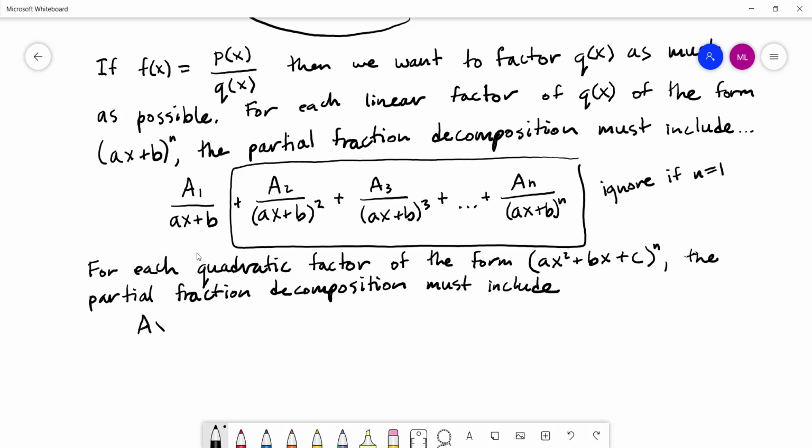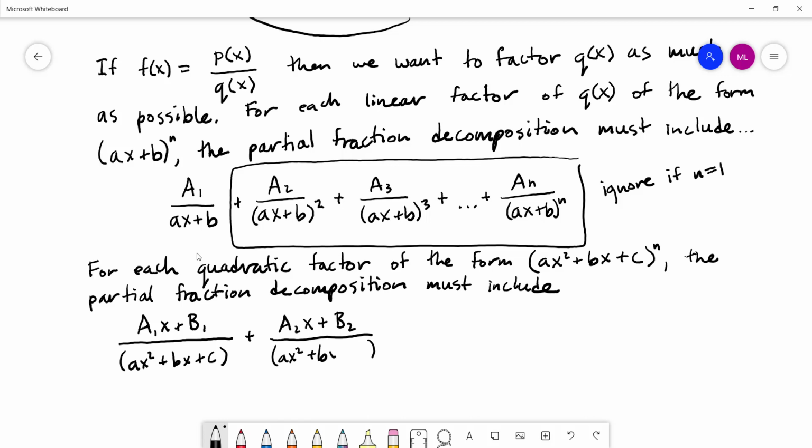So you guess linear terms on top: A1x plus b1 over that quadratic factor ax squared plus bx plus c, plus a second one, a2x plus b2 over that same ax squared plus bx plus c, now squared, plus, following the same pattern as before, but now instead of guessing just a constant on the top, we're guessing a linear function on the top and increasing powers of the quadratic term on the bottom.